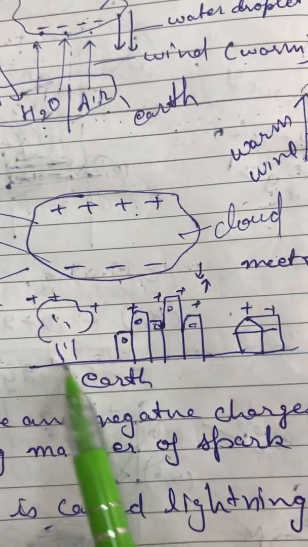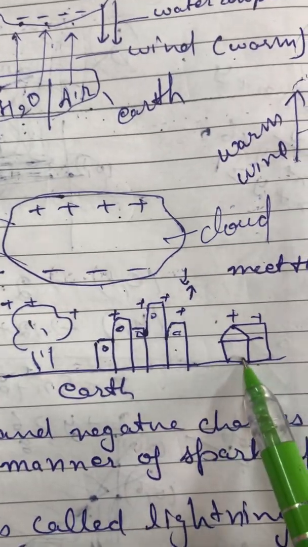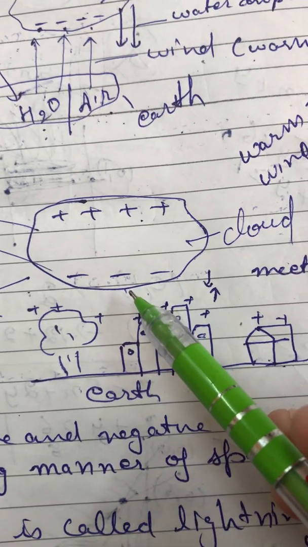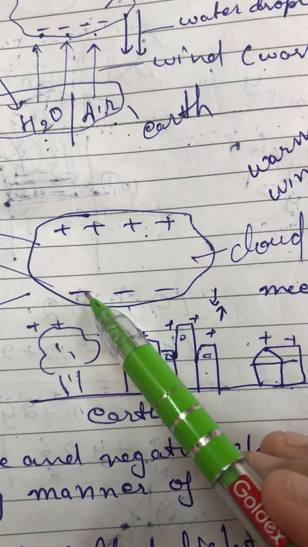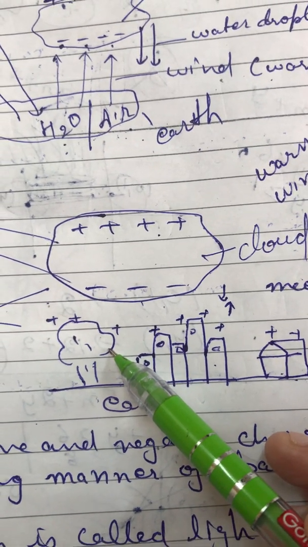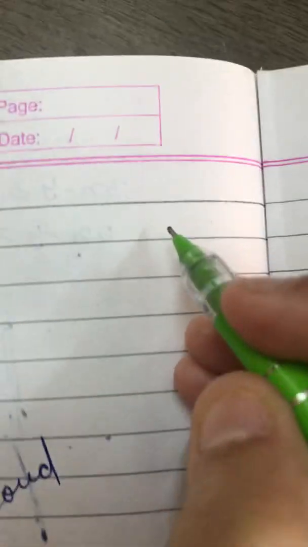And on the earth we have trees, buildings, houses. We already discussed the phenomenon of induction. What is induction? A charged body can generate opposite polarity charge on uncharged bodies.